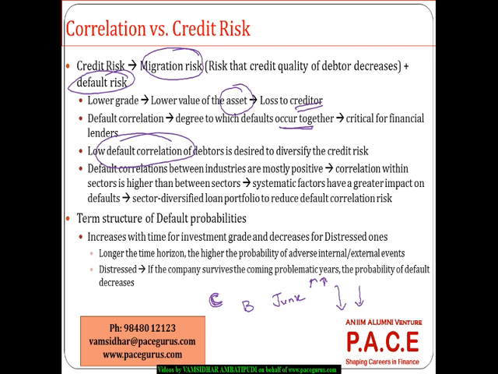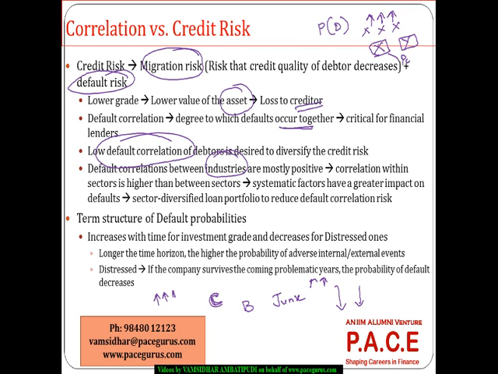If you are lending more and more to the same industry, it is very possible that the probability of default of all the companies in that single industry could be much higher. If one company in an industry is defaulting, there is a good chance that all others are going to default. But at the same time, between industries also, let's say industry X and industry Y, it is observed that even this is positive.